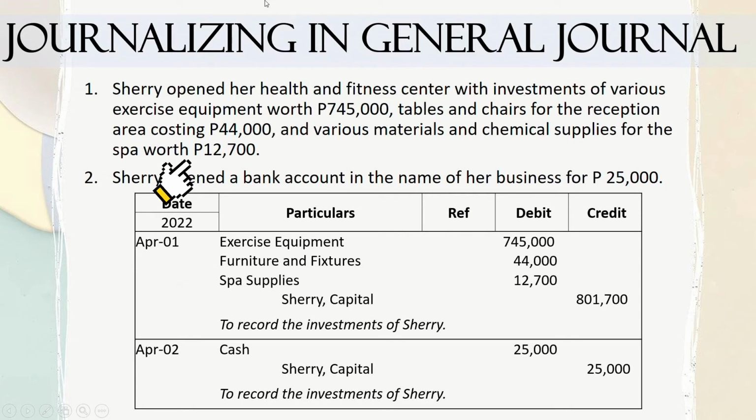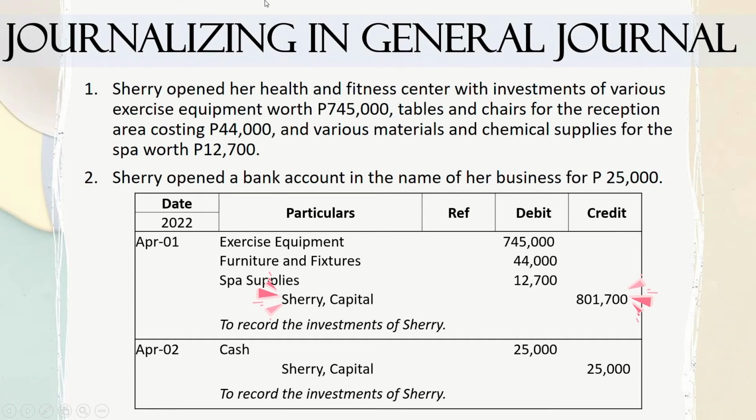Next is the chemical supplies worth 12,700. Here, you will record the spa supplies, which is also part of your asset, for the amount of 12,700. So all in all, the total of Sherry's capital in the owner's equity equals 801,700.